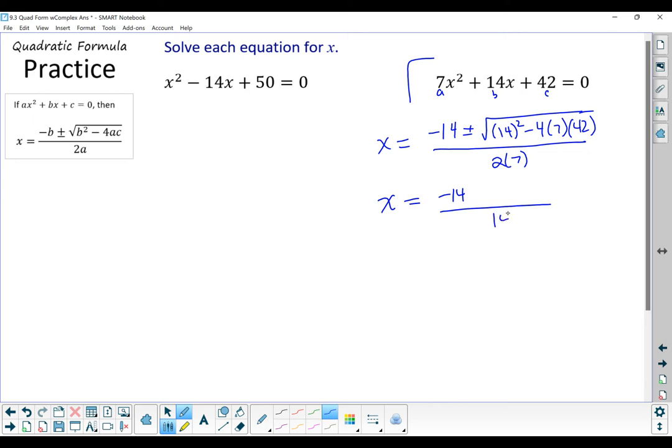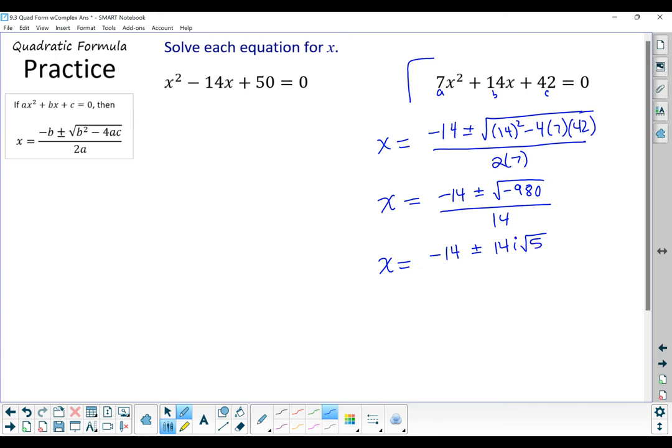So we've got a 14 on the bottom for sure. 2 times 7 is 14, and let's see if we can figure out what that root is. If we calculate that inside number, we get the square root of negative 980. So if we simplify the square root of 980, it is 14 root 5, but our answer is imaginary.